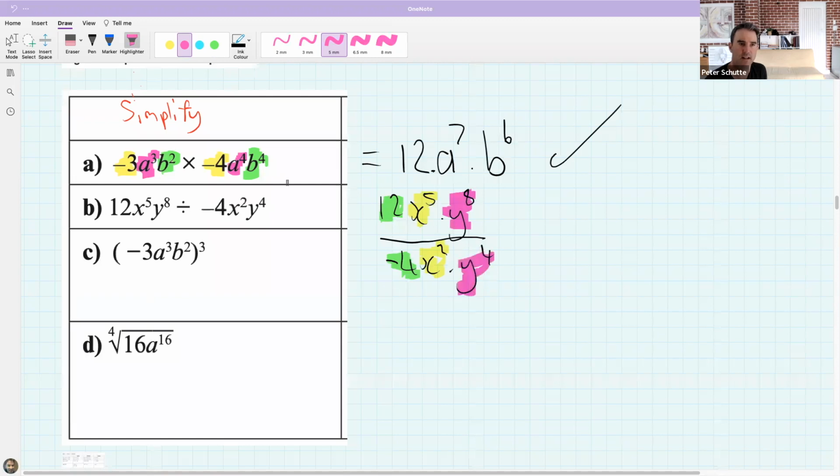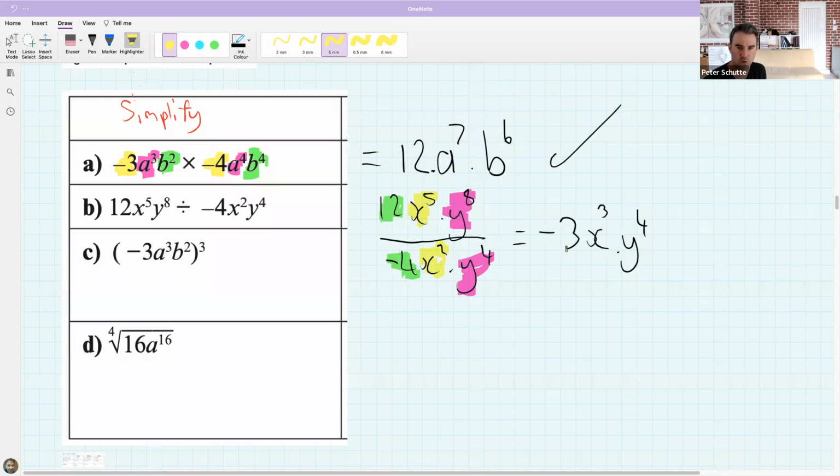Kind of makes it nice and clear. So I should get... so watch out for that -3.